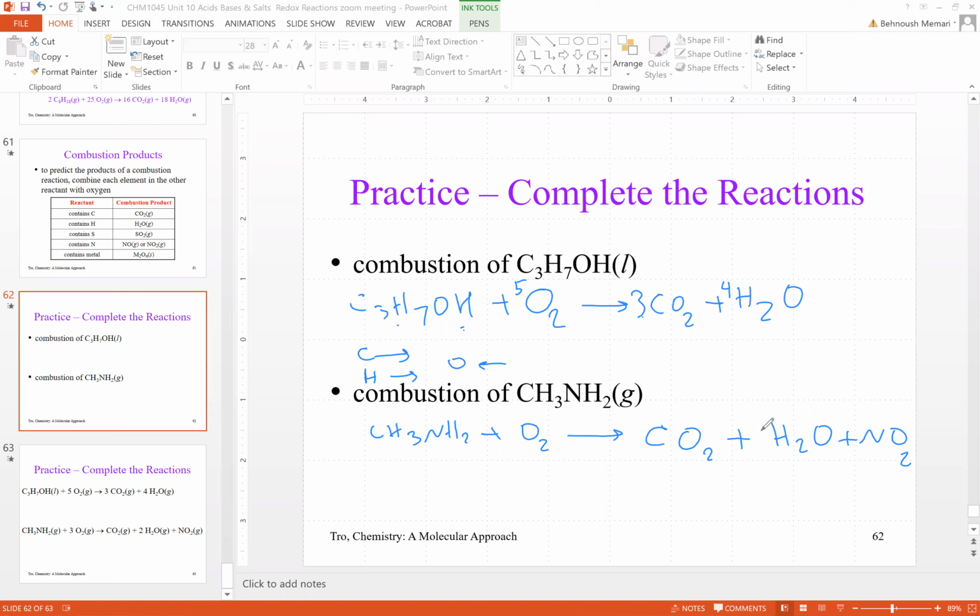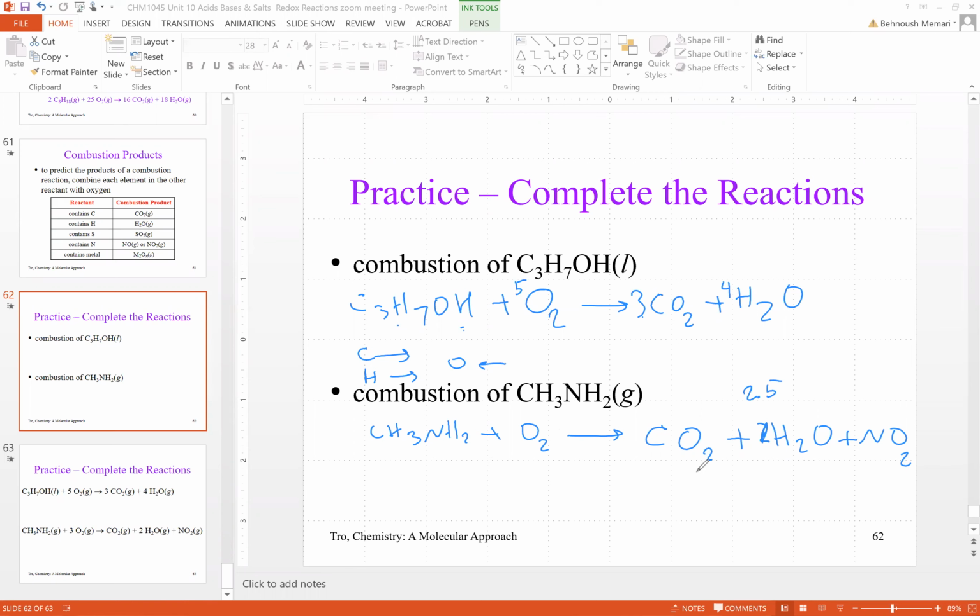We have CH3NH2, that's 5 hydrogens. That is going to give us like 2.5 H2O.